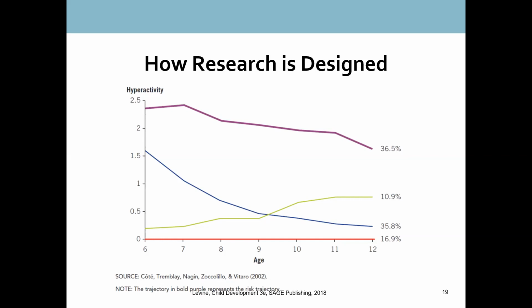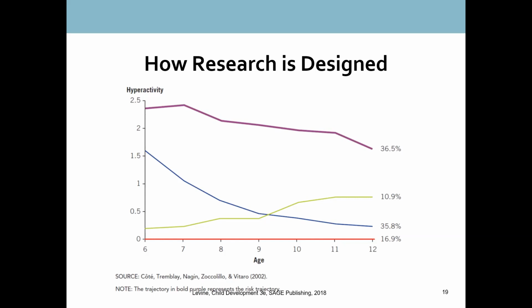And so we often use studies that will track and test the same subjects over time. In this particular study, I'm not concerned with what they were actually looking at here. I'm just using this graph as an example.